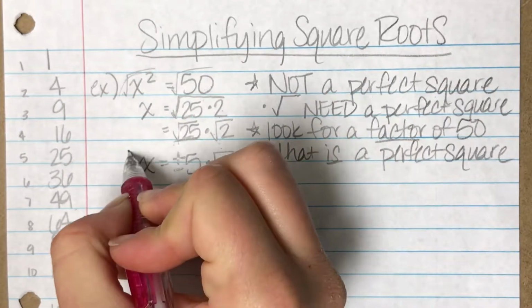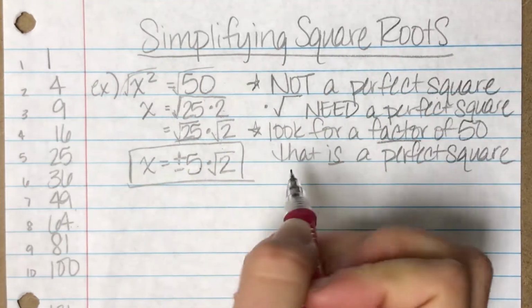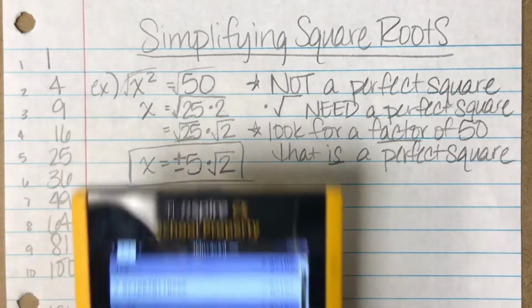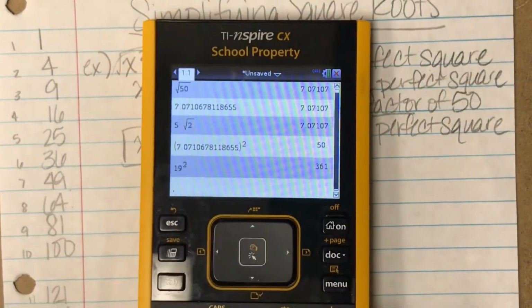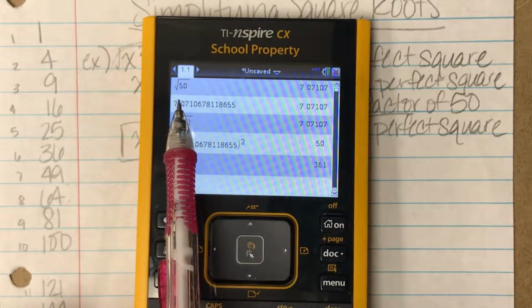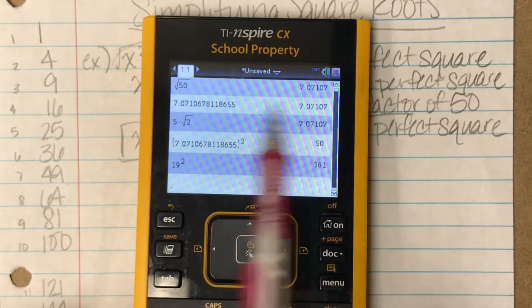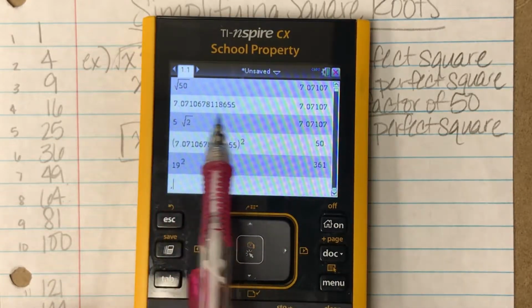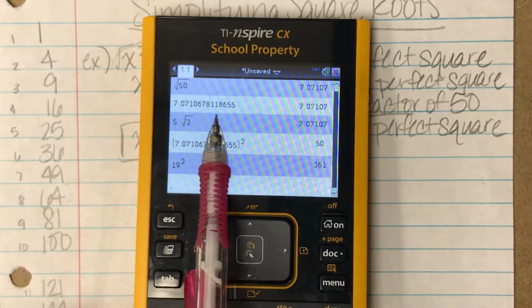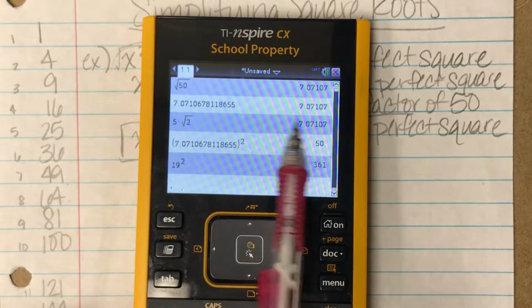So if I do this on the calculator, just to prove to you that these two things are equal, let me get where there's not a glare on it. You can see I worked out the square root of 50. And I've got this decimal, and then I got the calculator to extend that decimal for me to get 7.07. It's a big, long, nasty decimal. It actually keeps going forever.